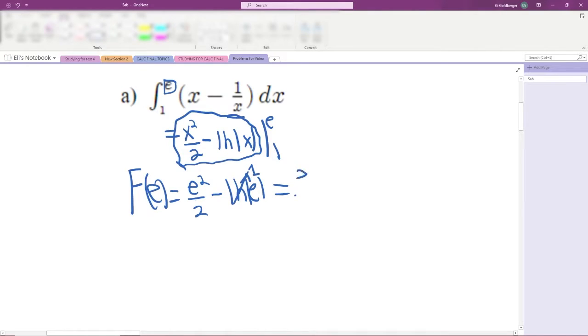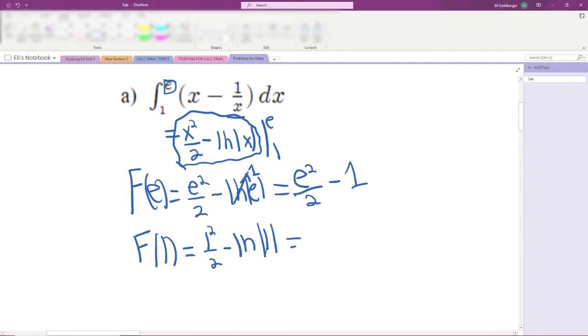So we'd end up with e squared over 2 minus 1. So that's just F of e. But now we have to find F of 1. So F of 1 equals 1 squared over 2 minus the natural logarithm of the absolute value of 1, which we simplify. That's just 1 over 2, so 1/2, minus, and then the natural logarithm of 1 is just 0, so minus 0, which is just 1/2.